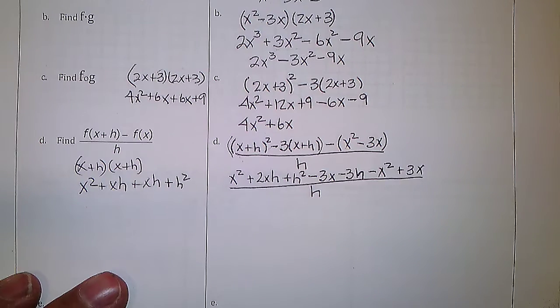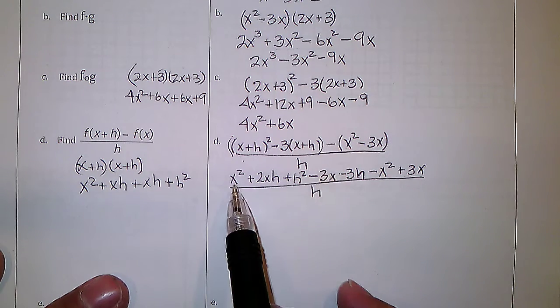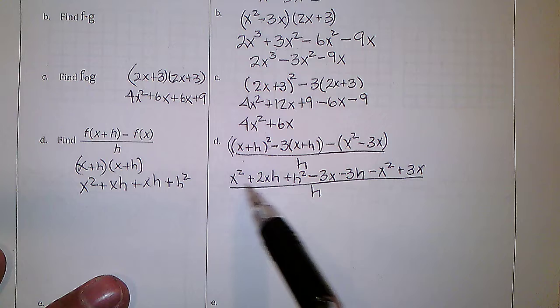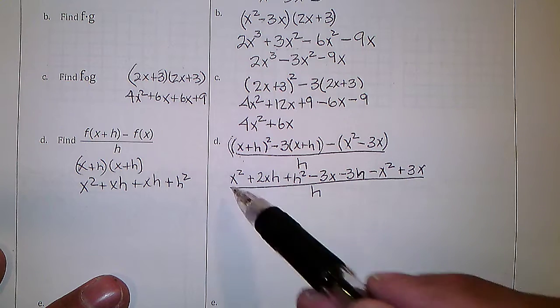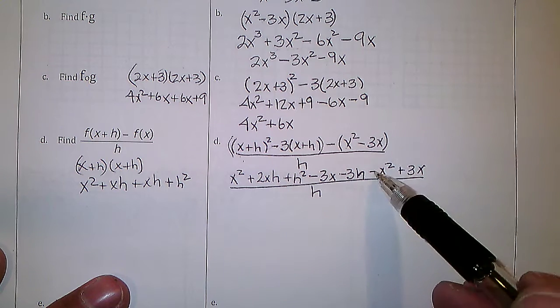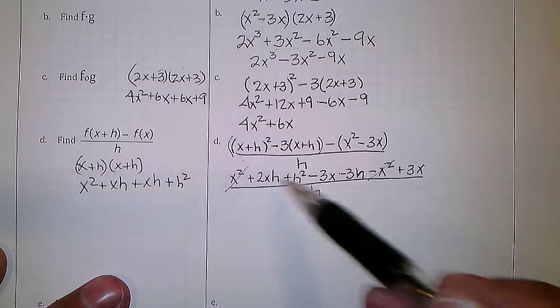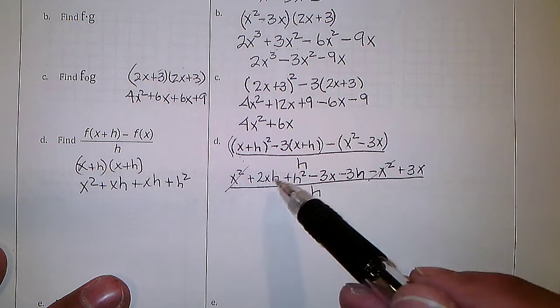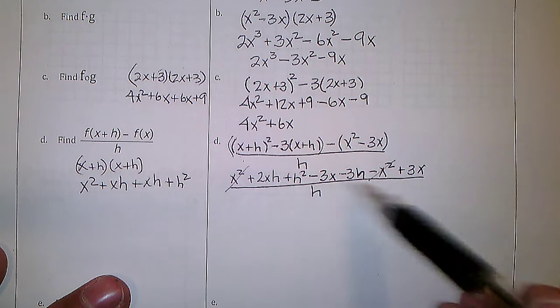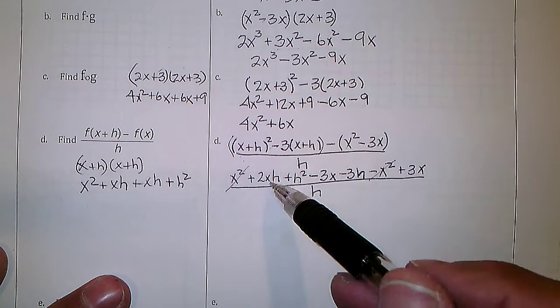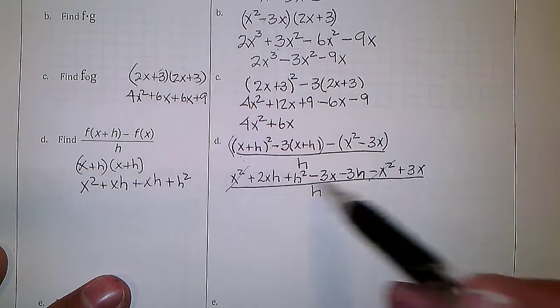Now, combine like terms. And as I've said in class, if it doesn't have an h, it should cancel. Here's an x squared, a negative x squared. They cancel. This does have an h, so they might combine. Is there another term that has an xh in it? Not there, not there. So that stays. Is there another h squared someplace?